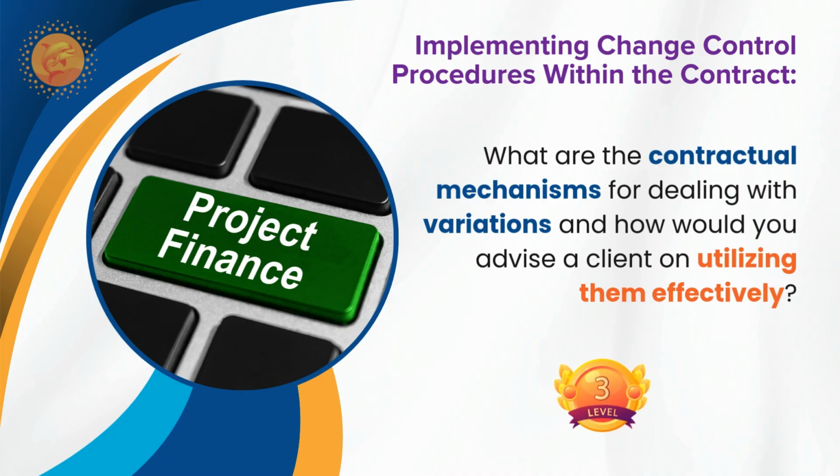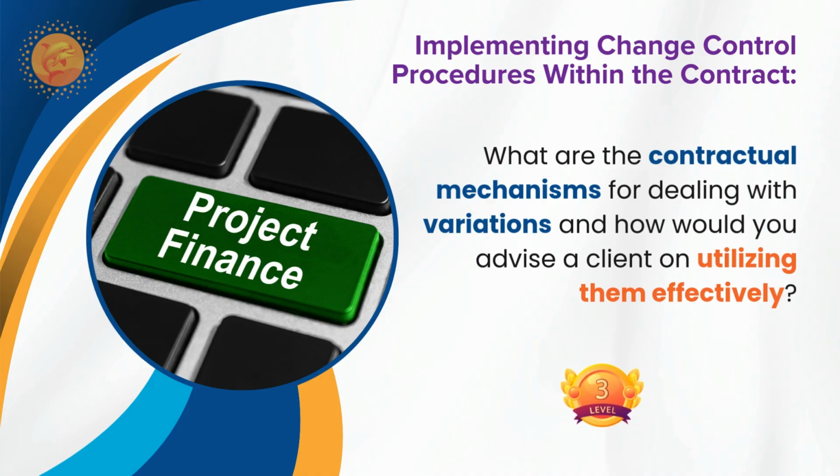Contractual mechanisms to deal with the variations are: first, the request should be made by the employer or the contractor. Then value engineering to reduce the cost to the employer. Then a change in the characteristics of the work.